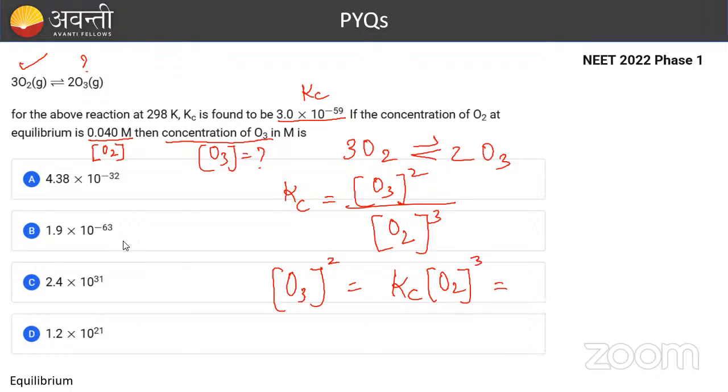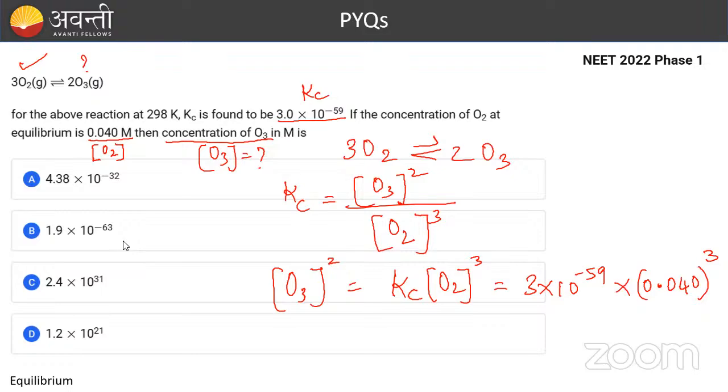So it is equal to Kc, which is 3 × 10^-59, given in the question, times the O2 concentration, 0.040 cubed. Clear?